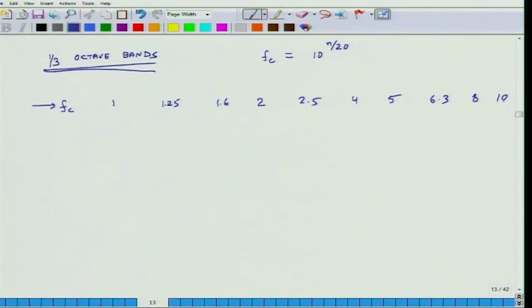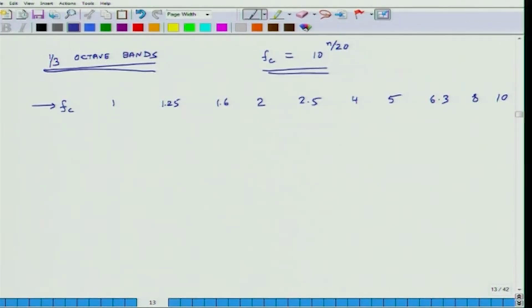Excuse me, when n is equal to 20, then 20 over 20 is 1, this becomes 10, okay. So you use this relation to calculate these frequencies.